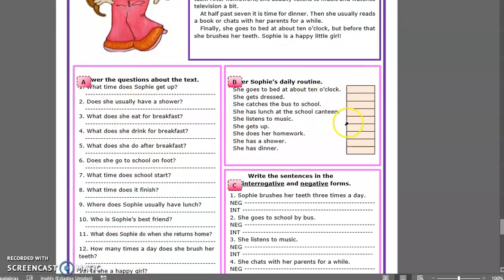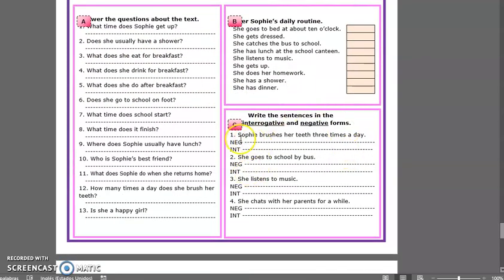You're going to order the daily routine and you're going to transform positive sentences into negative and interrogative. All these we studied when we were practicing the simple present tense. And these questions, we practiced when we studied WH questions.